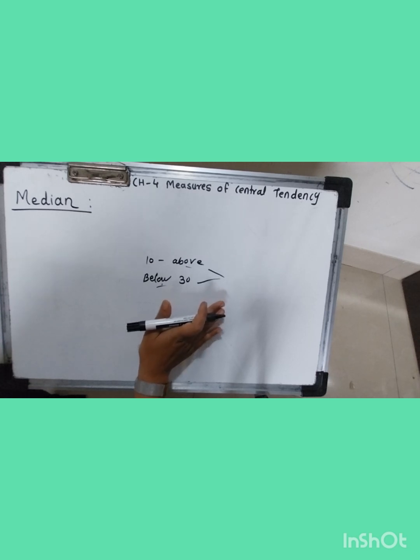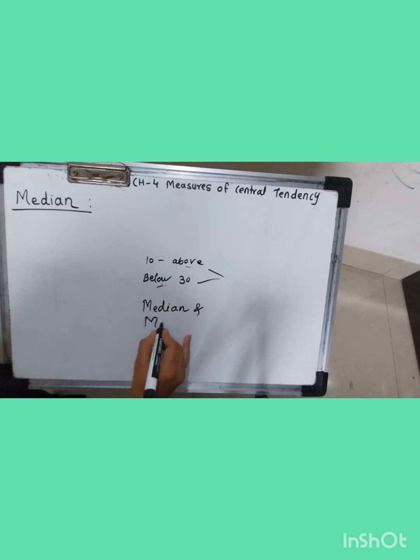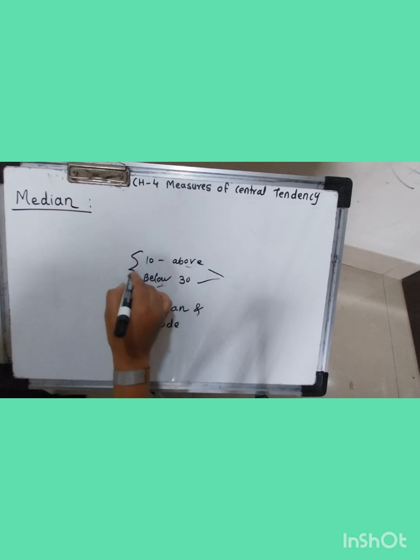So in order to overcome this drawback, the measures of central tendency include median and mode. In this case we can't find the mean.